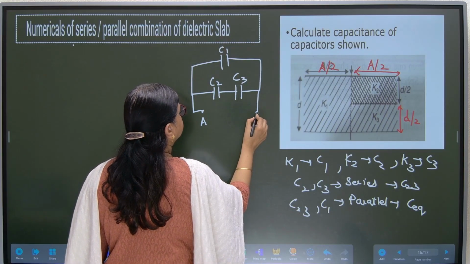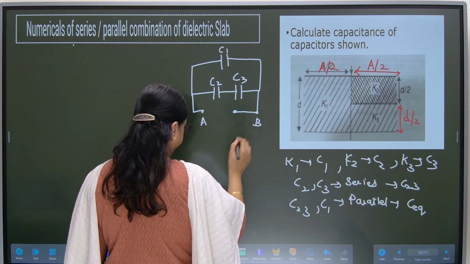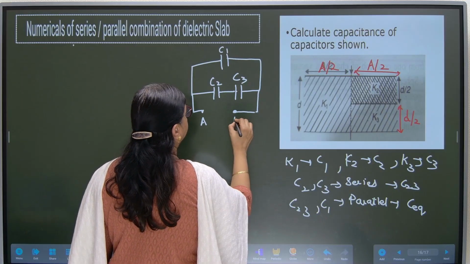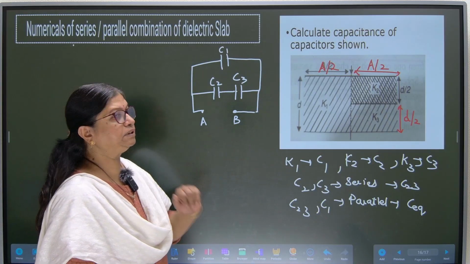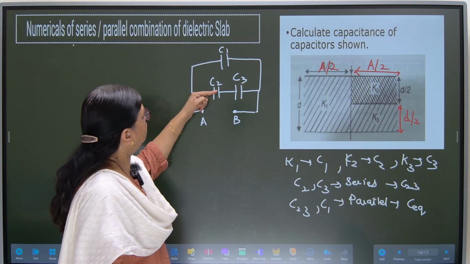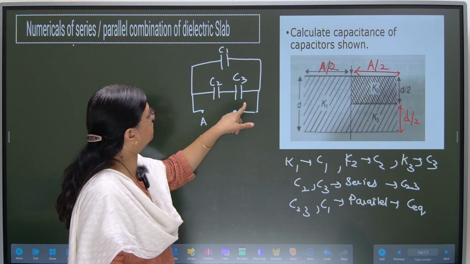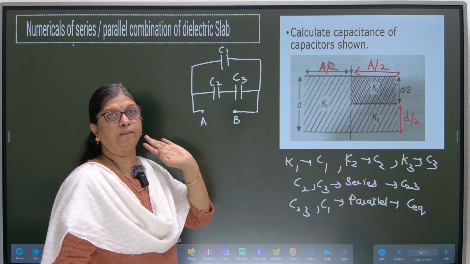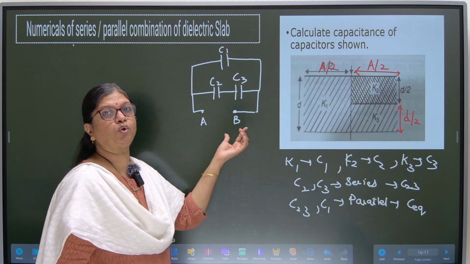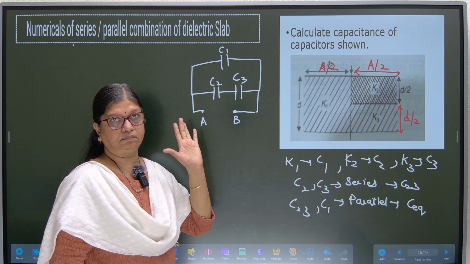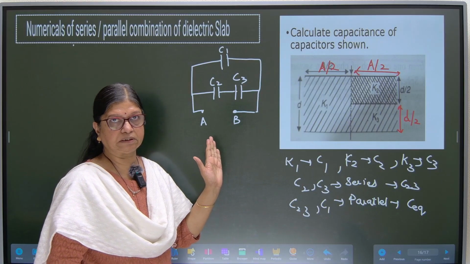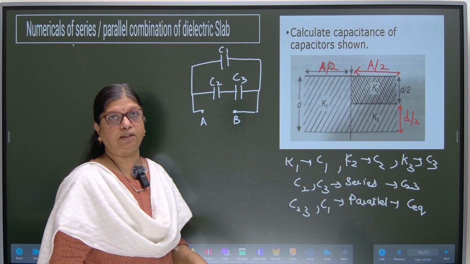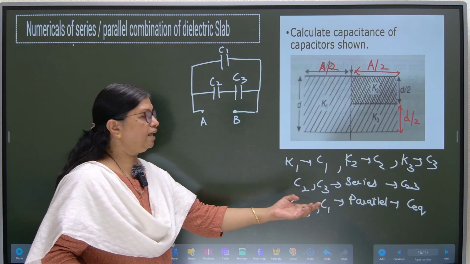As you can see, this combination which is available to us is exactly what the diagram is saying to us. So C2, C3 are in series, and the C2-3 combination is in parallel to C1 from the source A, B. We can put a battery here for the potential difference. Now with this information, we can calculate C equivalent very easily.